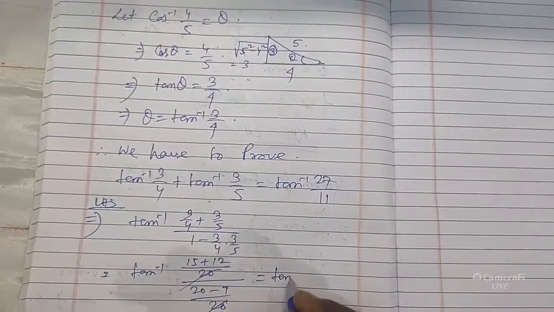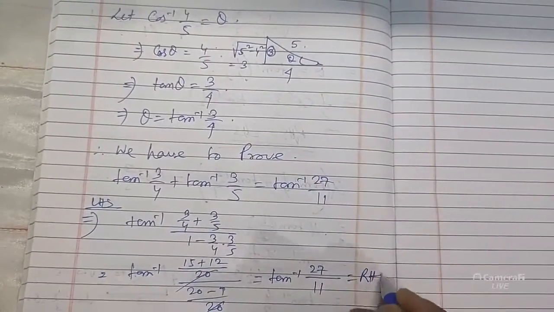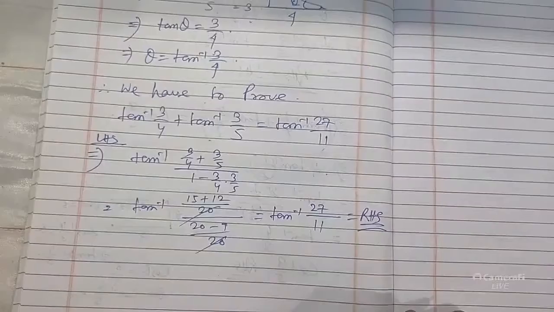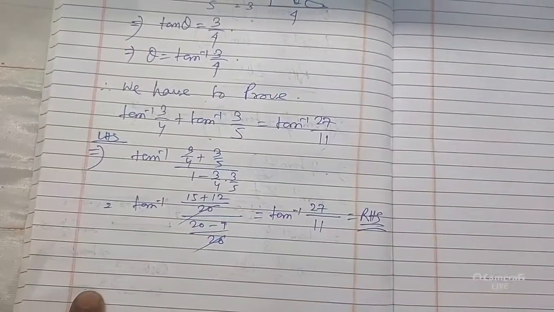So here we get tan inverse 27 by 11. This is equal to RHS. So in this way we have to solve this type of questions.